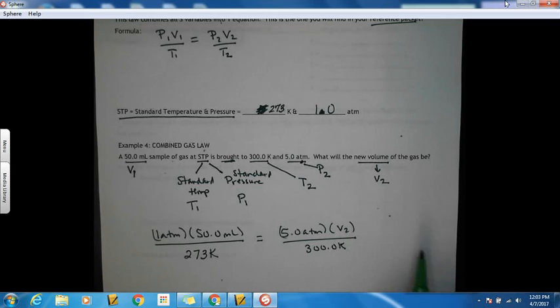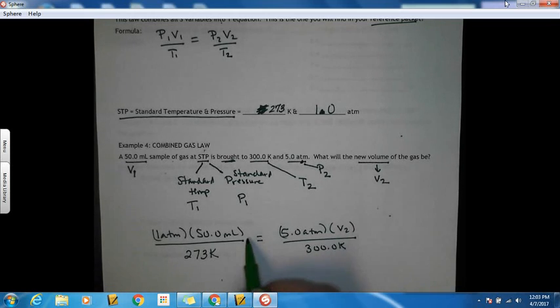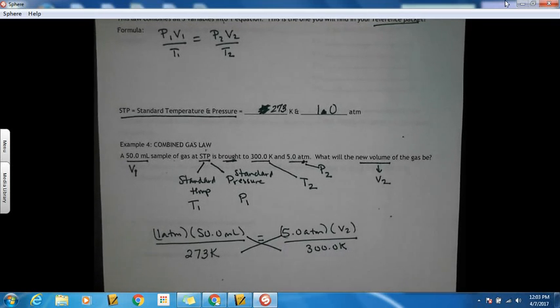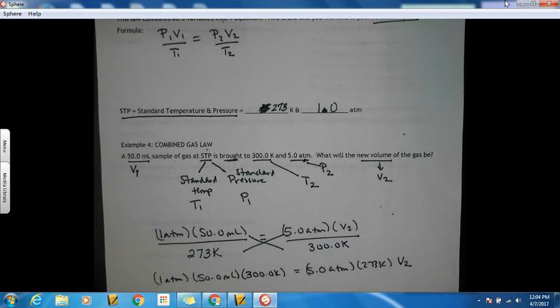Right, so now we're going to solve for V2. Again, to do this, I strongly suggest that we cross multiply first. So we'll end up with 1 atm times 50 milliliters times 300 Kelvin equals 5 atm times 273 Kelvin times V2. And then we can get V2 by itself, right?